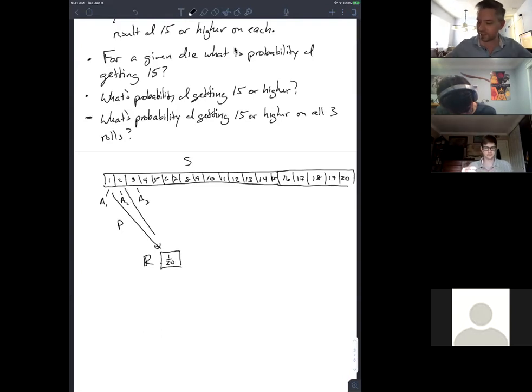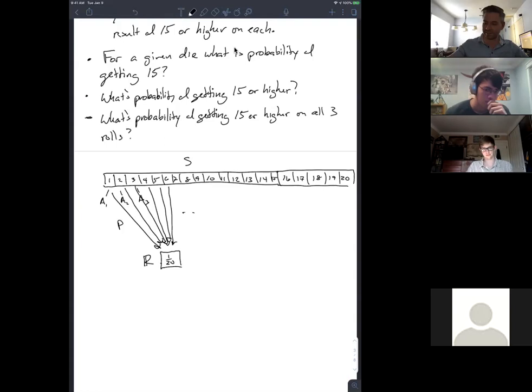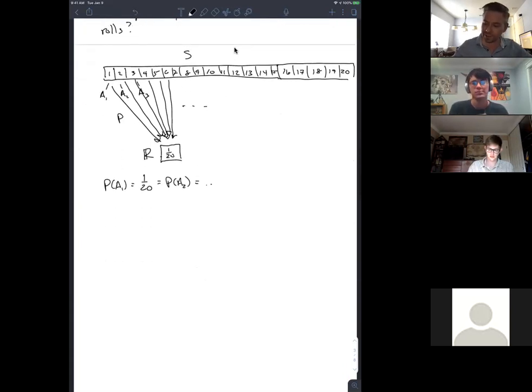What P does is take the outcome and map it into the number 1 over 20. So the probability of getting outcome 1, that is a roll of 1, is 1 over 20, which is the probability of getting outcome 2, and so on and so forth. So the probability of getting 15 is just 1 over 20.